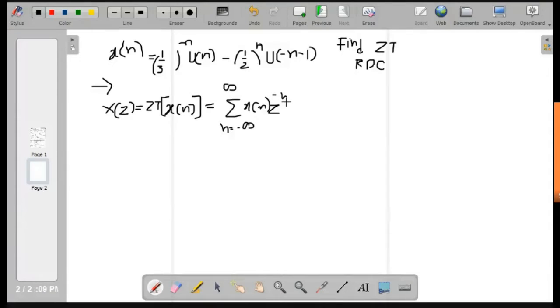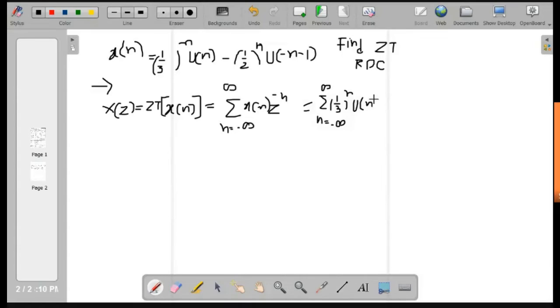Now what is my x of n here? I will have to use a bigger equation in this. With these limits, I have two terms: summation from minus infinity to infinity of (1/3) raised to n u of n.